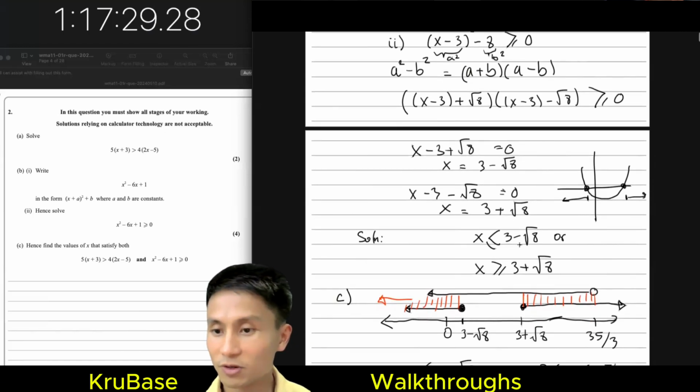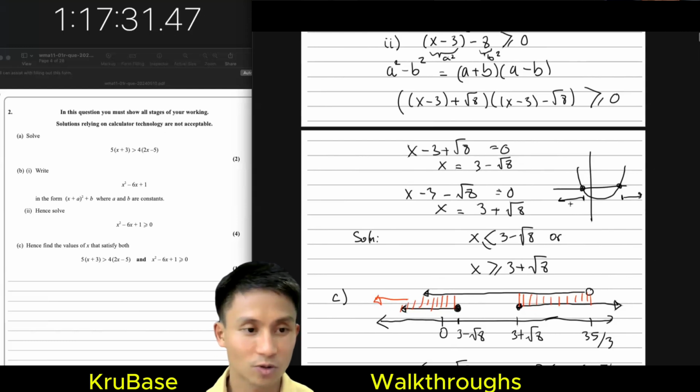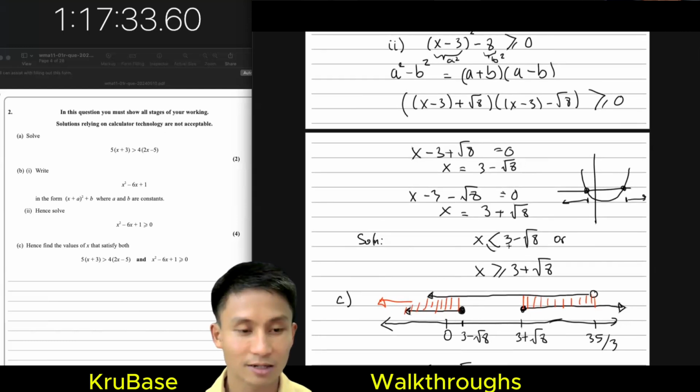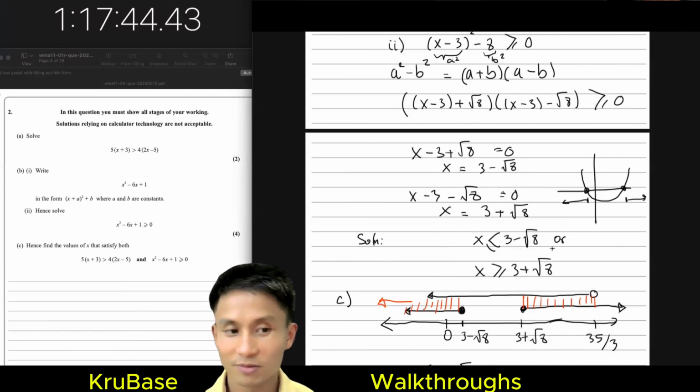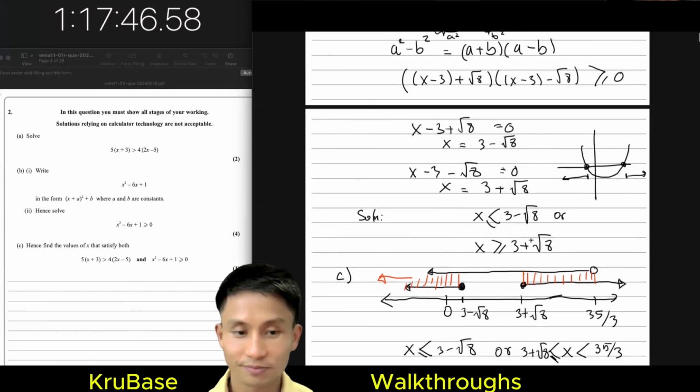But then we need to solve for the solution of the quadratic. So one is less than, one is greater than. Okay, so one is less than, that actually shouldn't be on the second quadrant. It should be on the first still, because this is greater than 0, but that's fine. They're not going to look at your graph here.